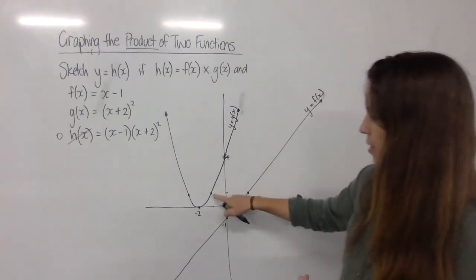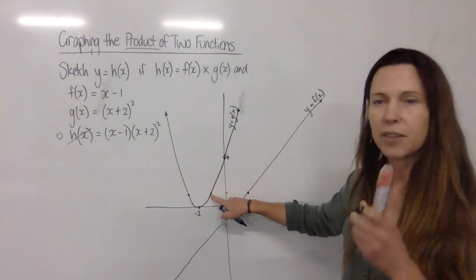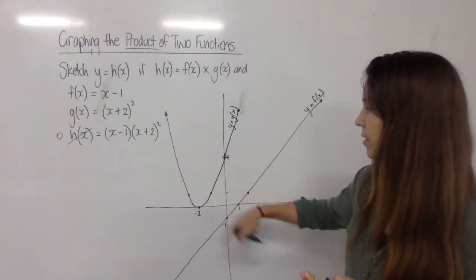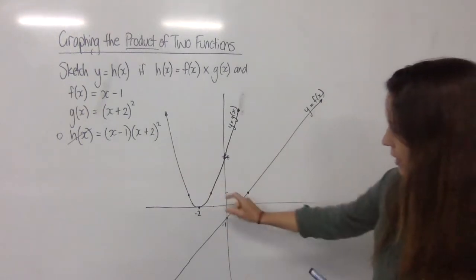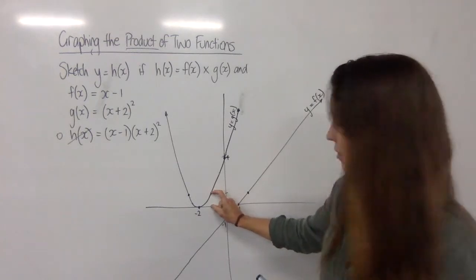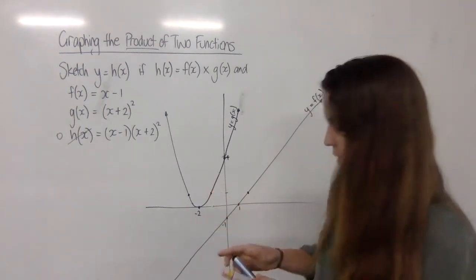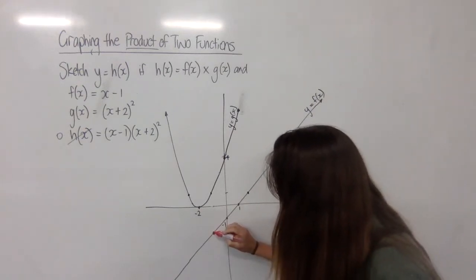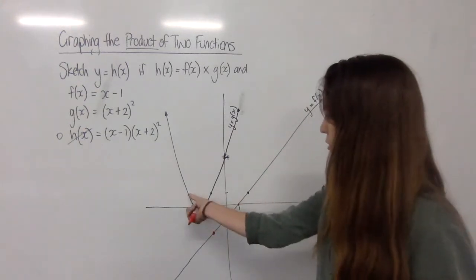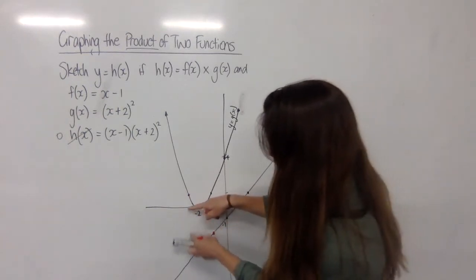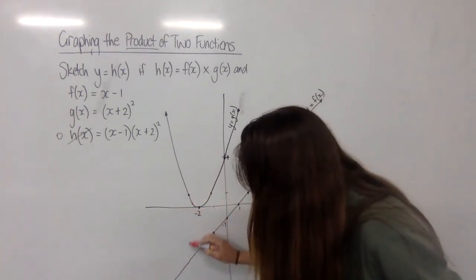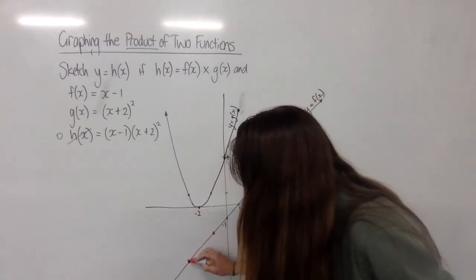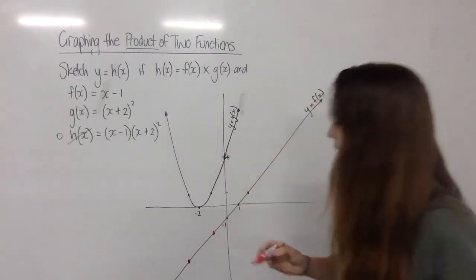So just thinking about this point, our new graph, y equals h of x, is going to be the multiplication of this y value, 1, by this y value, whatever it is. And so whatever it is is exactly where our new curve sits. Similarly, if we've got 1 here, then whatever the other curve is doing, that's exactly where our new curve is going to sit. So that's given me 2 points already.